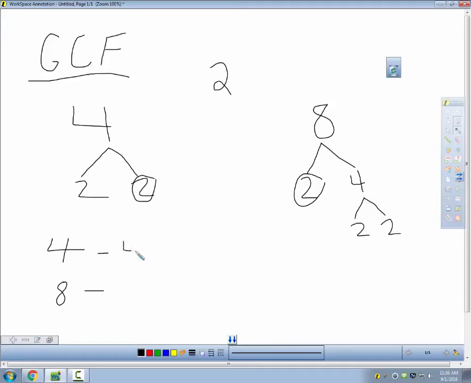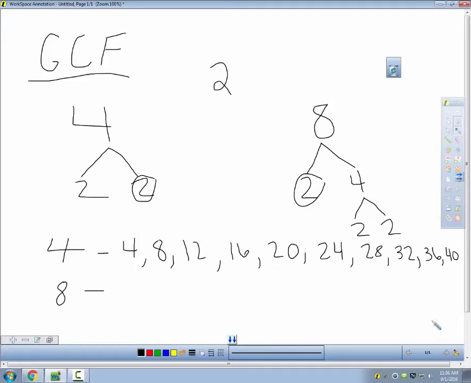So 4 times 1 is 4, 4 times 2 is 8, 4 times 3 is 12, and then 16, 20, 24, 28, 32, 36, and last but not least 40. So I'd stop at 40.